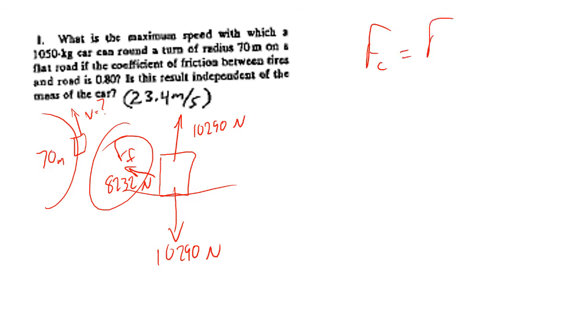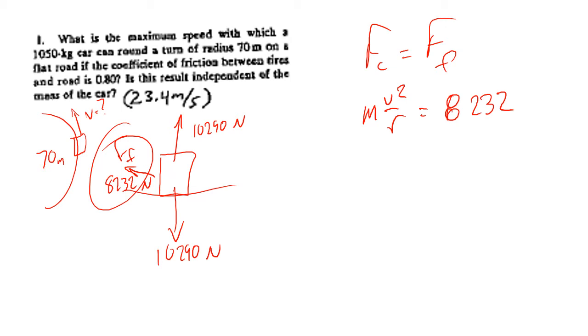Fc is equal to your force of friction in this case, because the friction is pointing towards the middle of the circle. So mv squared over r is going to equal 8232. Now you could have set this up better, done this all at once, but I'm just trying to do it the way you might do it.